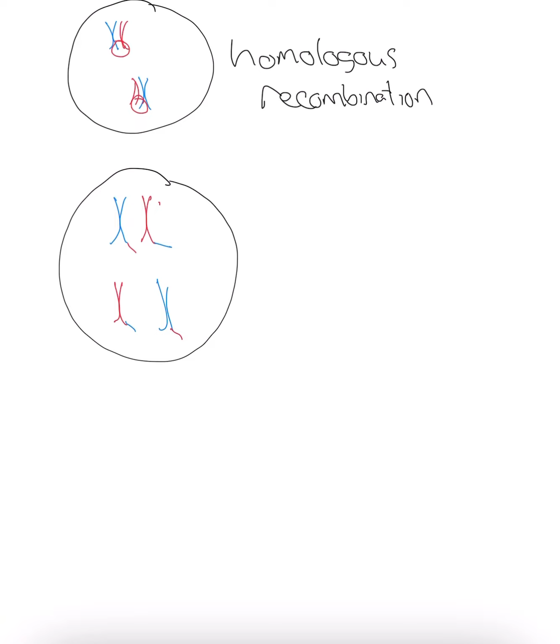and then during metaphase 1, still in metaphase 1, the spindles form and connect with these guys. Now, instead of pulling apart sister chromatids that we see in mitosis, we're actually pulling apart the homologous chromosomes.